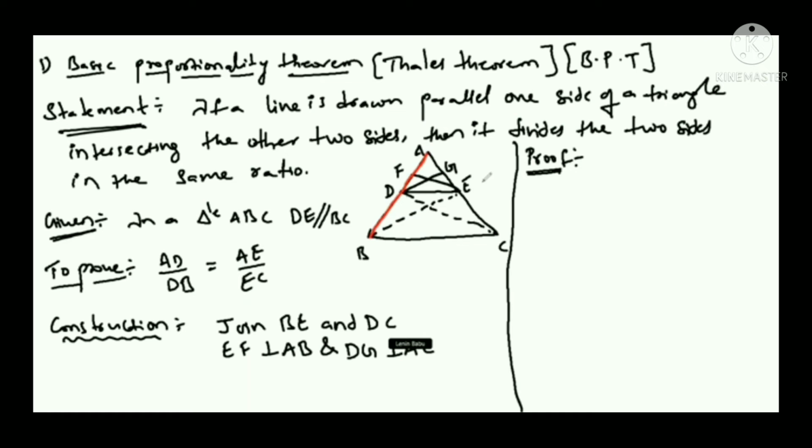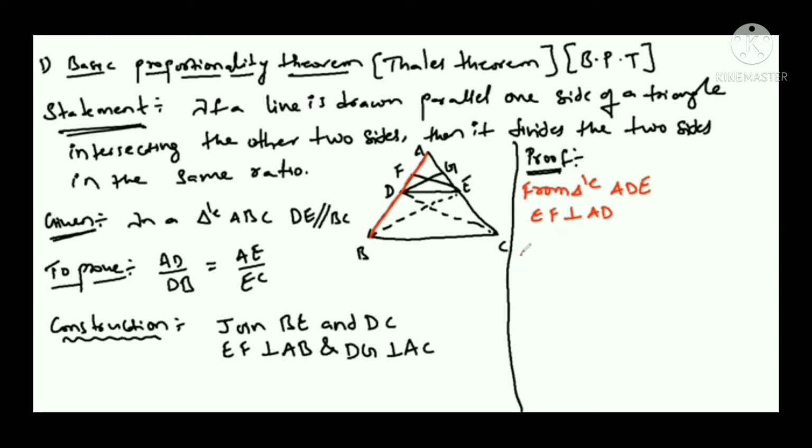From triangle ADE, what are you getting here? EF is perpendicular to AD. If a base is there and anything is drawn perpendicular to it, you call that the height.